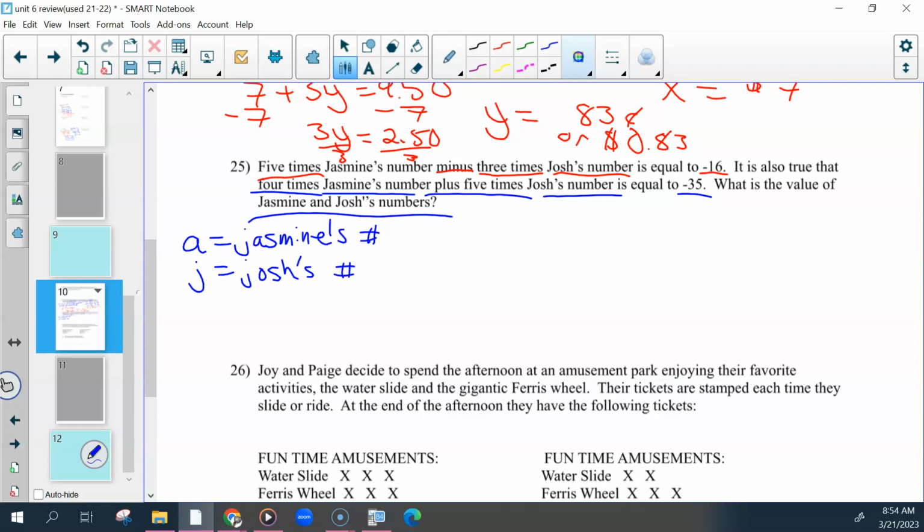And then it basically tells you how we're supposed to set this up. So 5 times Jasmine's number minus 3 times Josh's number is equal to negative 16. And then 4 times Jasmine's number plus 5 times Josh's number is equal to negative 35.